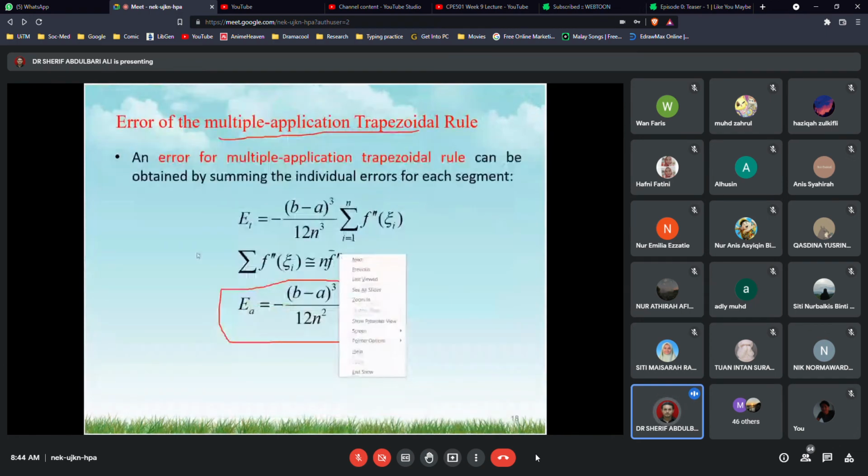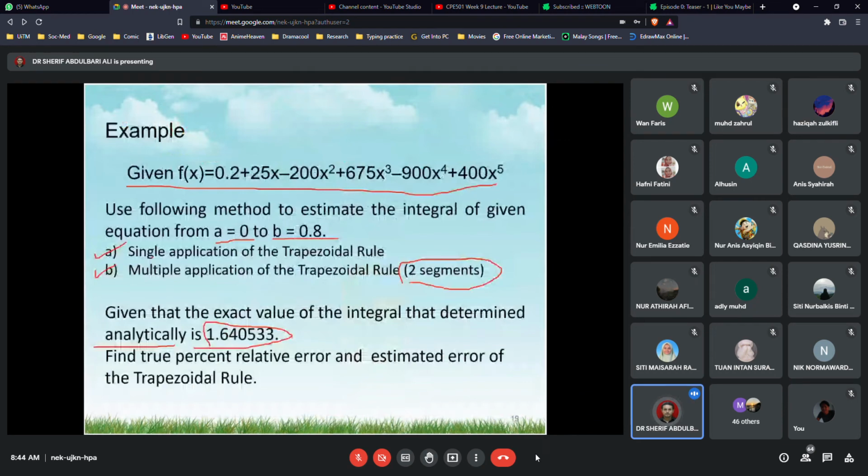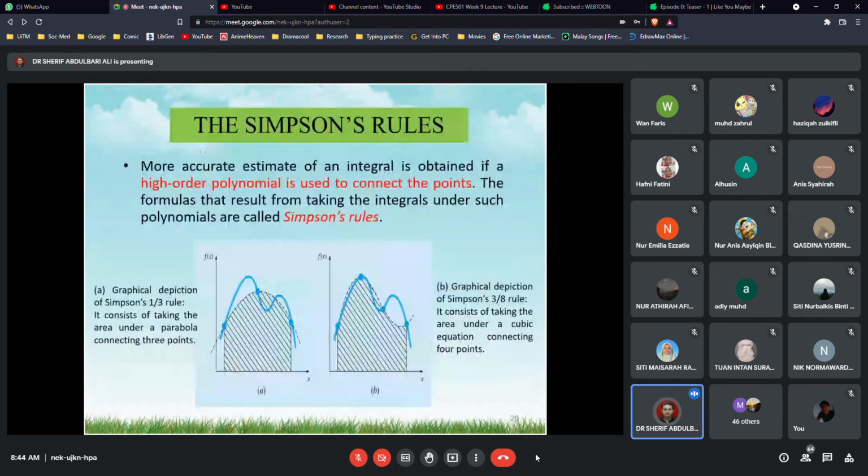The Simpson rule gives a more accurate estimate of an integral. It is obtained if a higher order polynomial is used to connect the points, so of course it gives you a curve. We have two types of Simpson rule. The first is Simpson's 1/3 rule, and the second is Simpson's 3/8 rule. What's the difference between them?